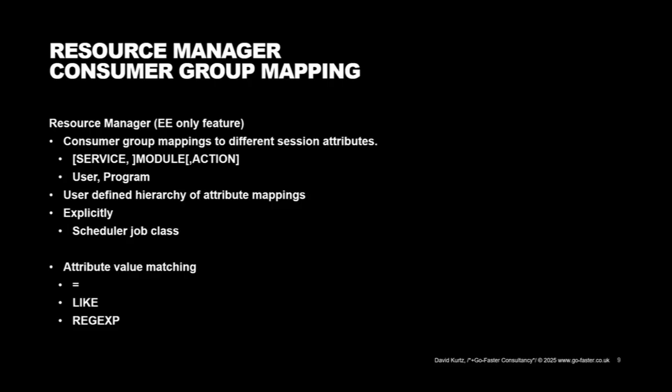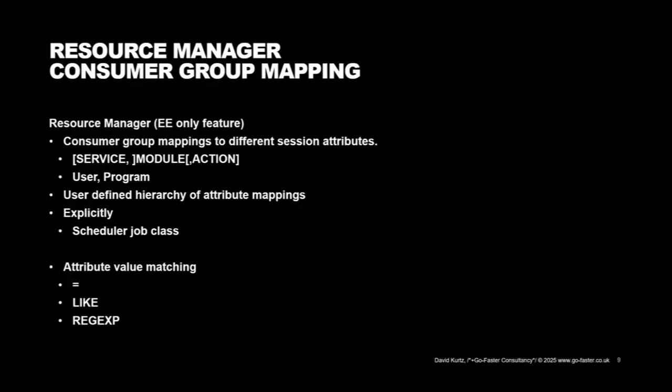And there's various things you can map on. You can map on the username, the program name, but you can map on module and action as well. Now, whereas the watch point for trace only worked on equalities, so it had to be module equals this and action equals that, with the resource manager we can pattern match.